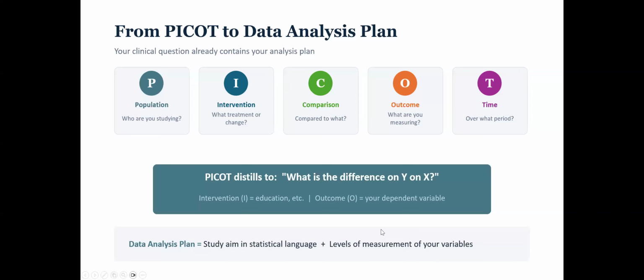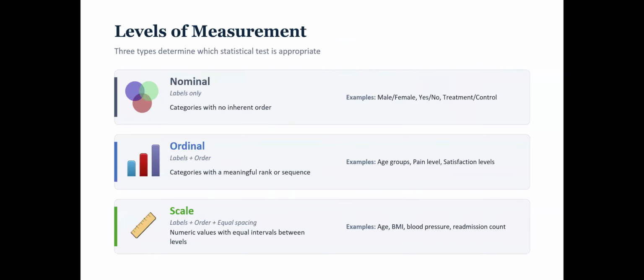All right. Let's talk about study aims and let's talk about levels of measurement. So levels of measurement are bucketed into three buckets. Your variables are in three buckets.